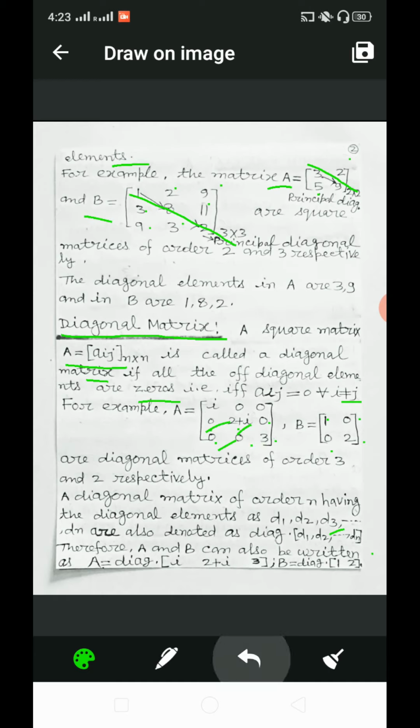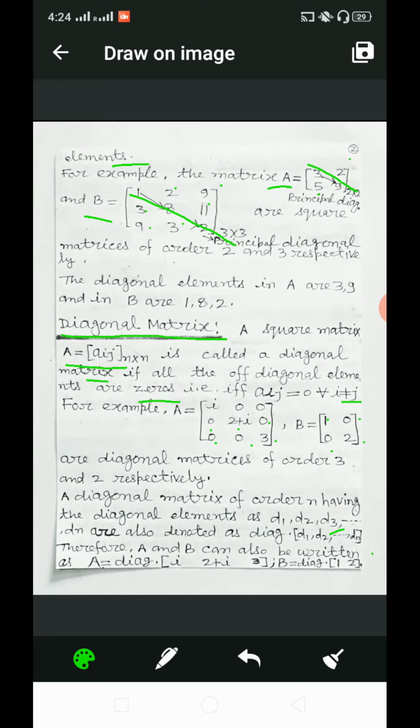This is a square matrix of order 3. So the number of diagonal elements is 3: i, 2 plus i, 3. And here B is also a square matrix of order 2.